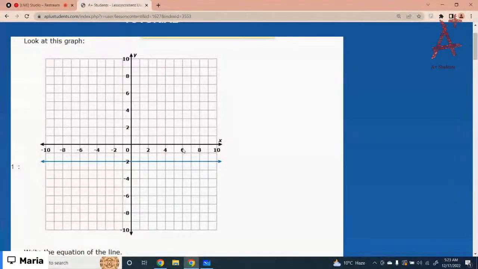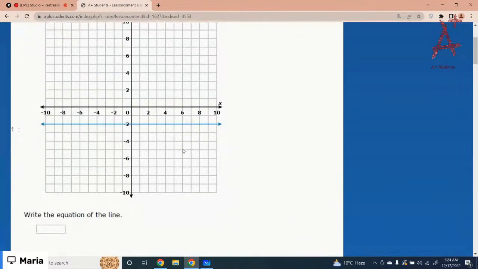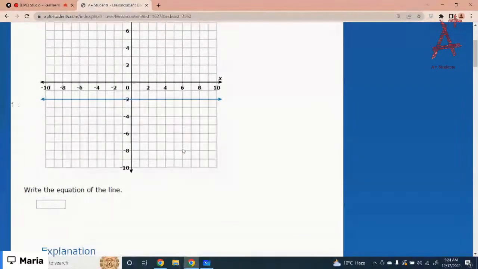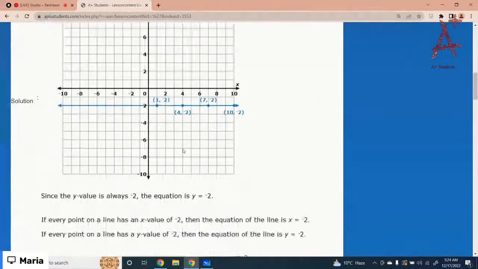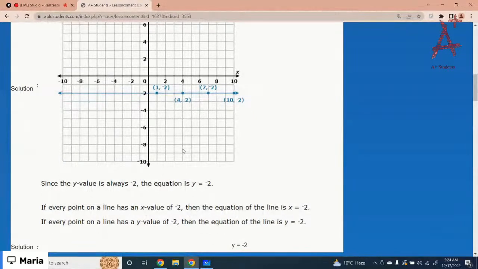Look at this graph. We are given the graph. Write the equation of the line. We have to look at the graph and find the equation of the line.